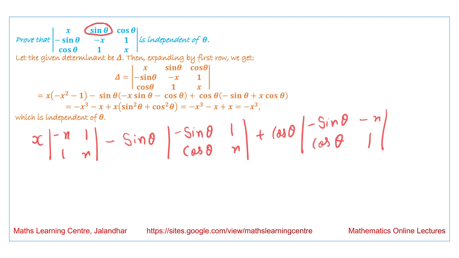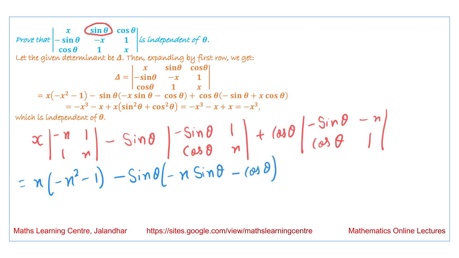On solving this we obtain x into minus x square minus 1, then minus sine theta into minus x sine theta minus cos theta, plus cos theta into minus sine theta plus x cos theta.